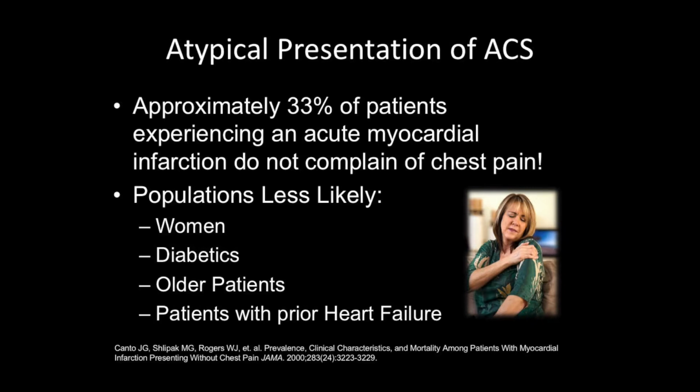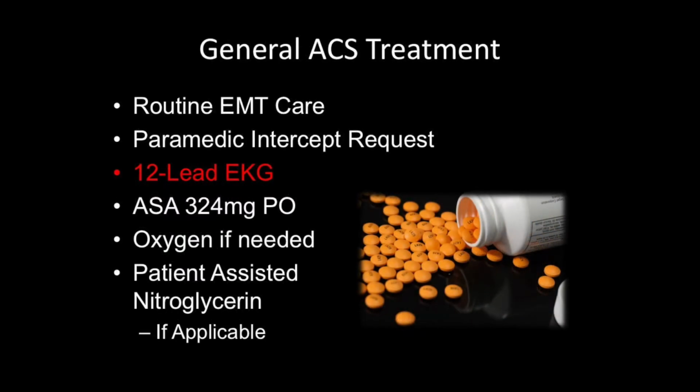When you interact or take care of an ACS patient, you do your routine EMT care. Routine EMT care is taking vital signs, putting somebody on oxygen, the typical stuff that we do for almost all patients. We want to do this early, right? We want to get a paramedic there early.